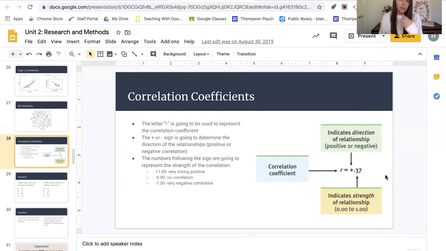And then any points like 0.37, 0.65, that's going to indicate positive and negative, and then that's going to tell you the strength of the correlation, right?